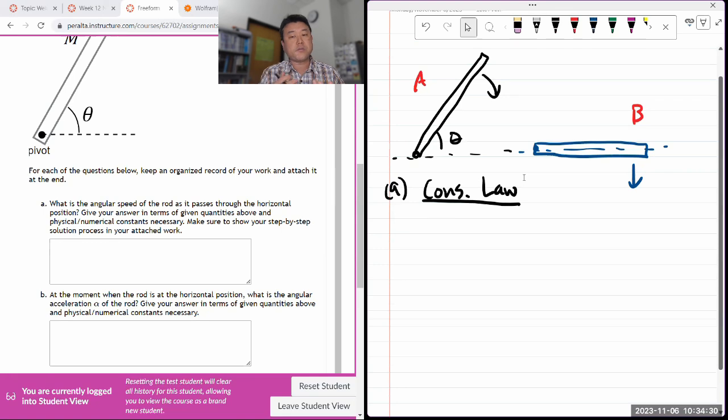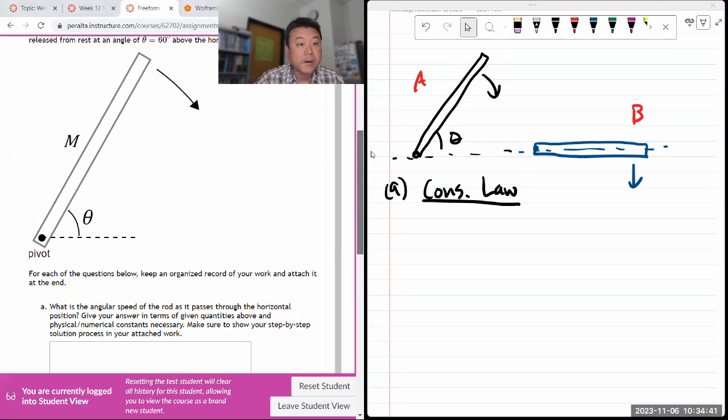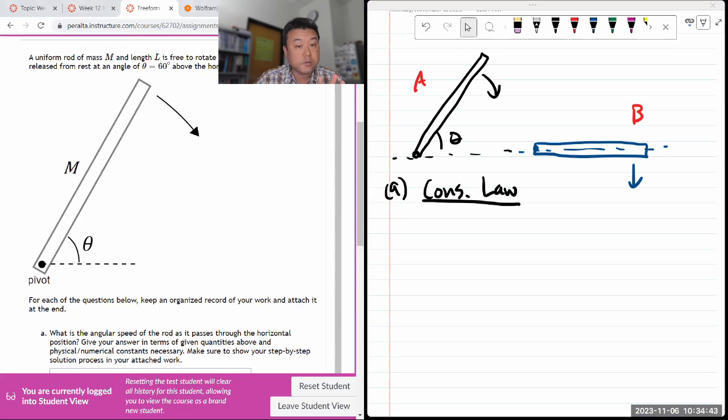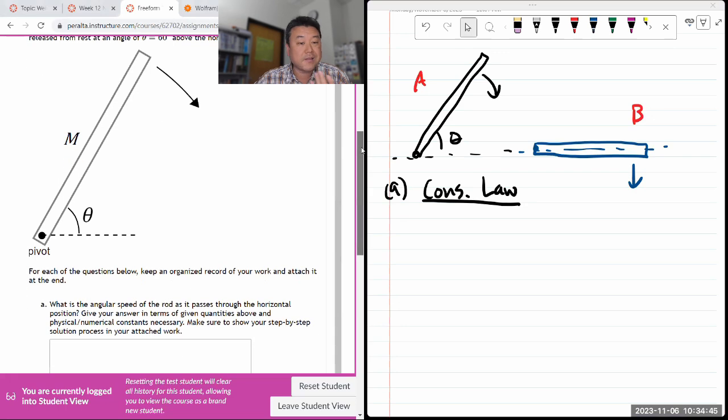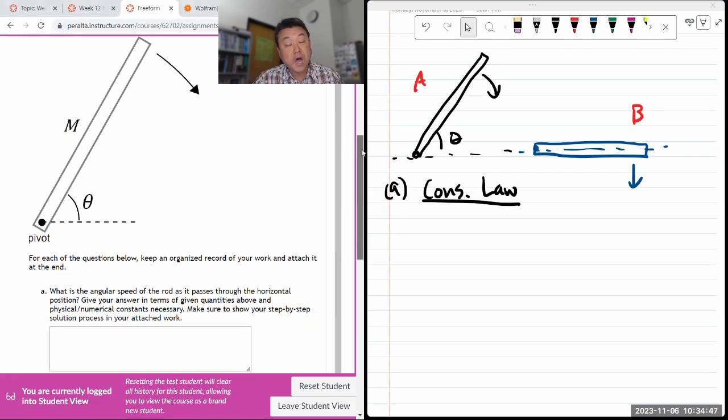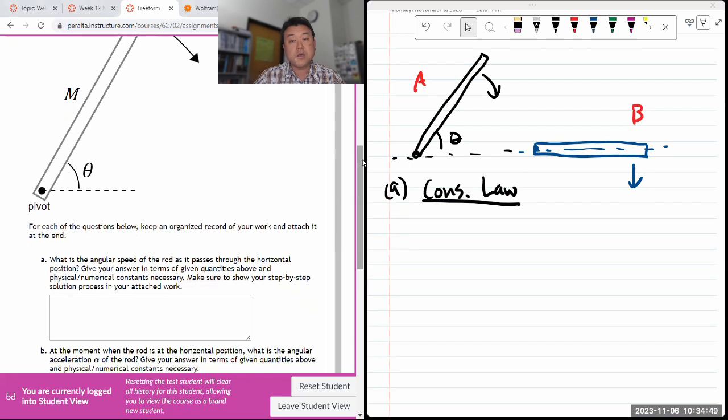So you have to think through what kind of quantities are conserved. Here, I have a sense that this is free to rotate, and I don't get the sense that there's any non-conservative force doing work. So I think energy will be conserved.